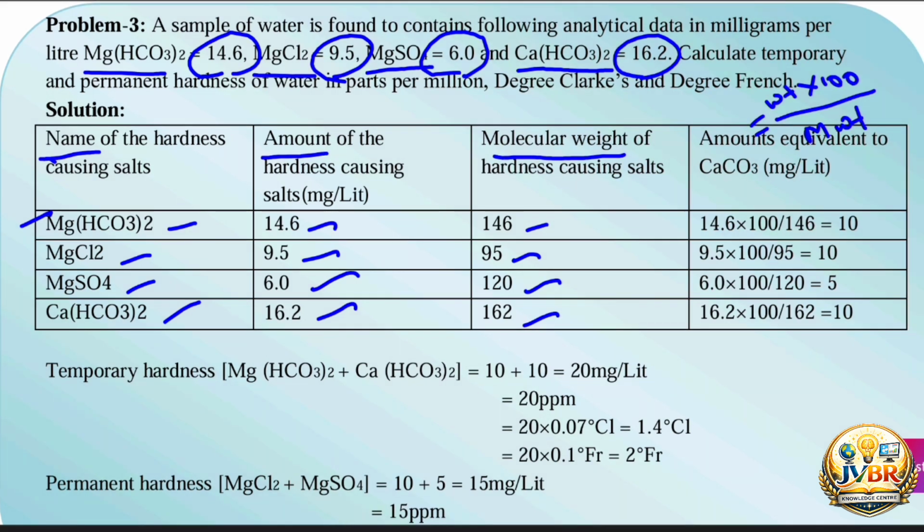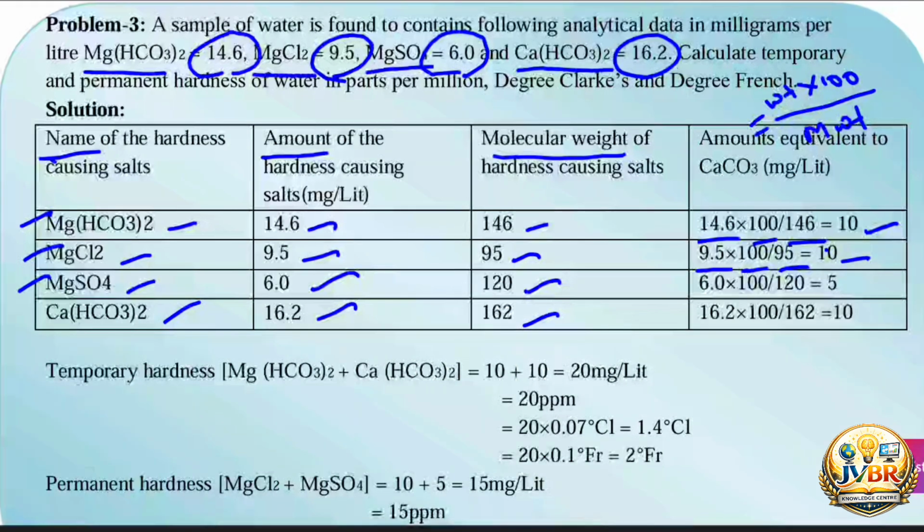Coming to the first salt, magnesium bicarbonate. Weight of magnesium bicarbonate is 14.6 into molecular weight of calcium carbonate, 100, by molecular weight of magnesium bicarbonate, 146, and simplifying this we will get 10. Magnesium chloride, weight of the salt is 9.5, into 100 by molecular weight of the given salt, 95, so we will get 10.